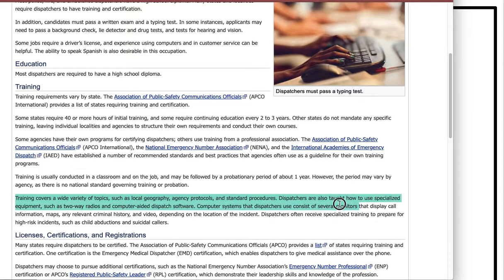Dispatchers are also taught how to use specialized equipment such as two-way radios and computer-aided dispatch software. Computer systems that dispatchers use consist of several monitors that display call information, maps, and any relevant criminal history and video depending on the location of the incident. Dispatchers often receive specialized training to prepare for high-risk incidents.